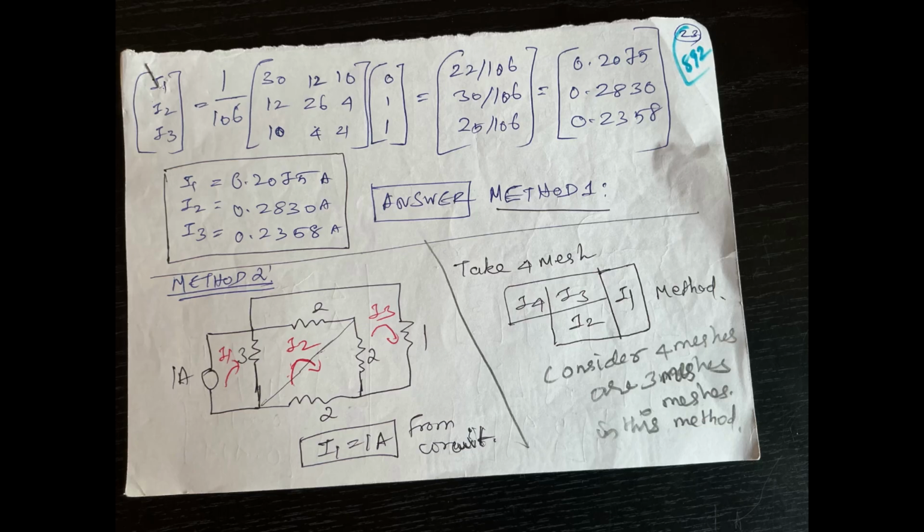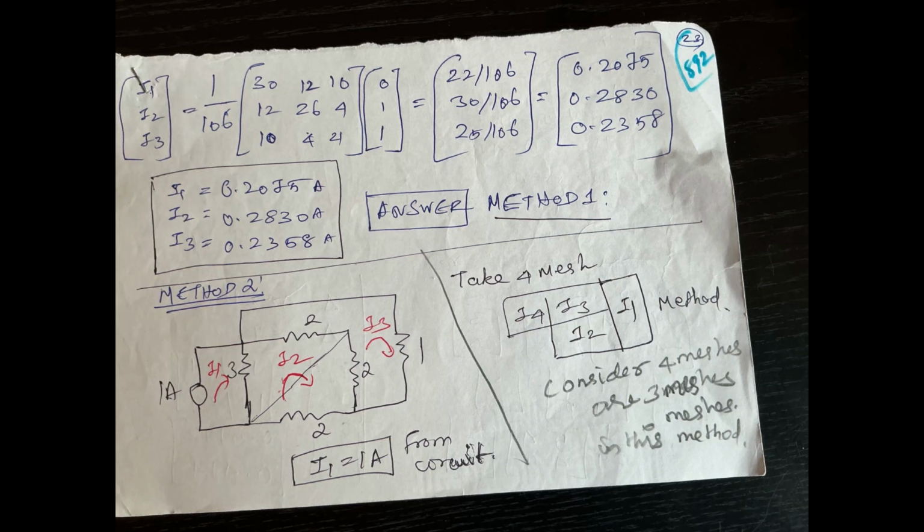Plus 2 ohm resistance that depends upon the mesh currents I2 and I3; opposite direction, so put minus: (I2 minus I3). Plus again 2 ohm resistance that depends upon mesh currents I2 and I3; opposite direction, minus sign: (I2 minus I3). Plus a 2 ohm resistance that depends only on the I2 current.